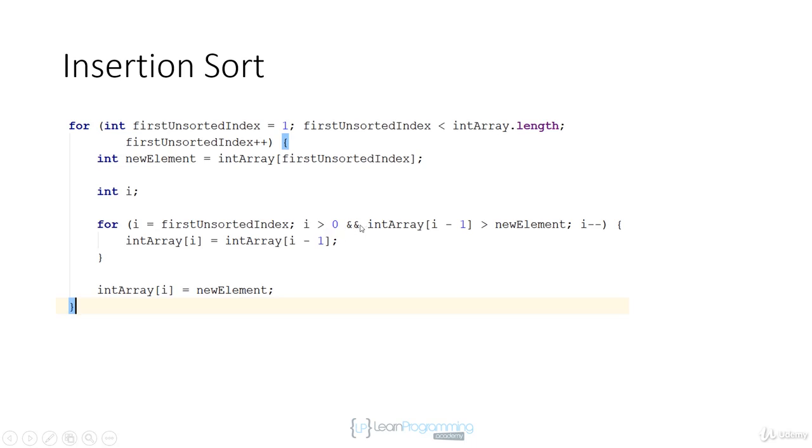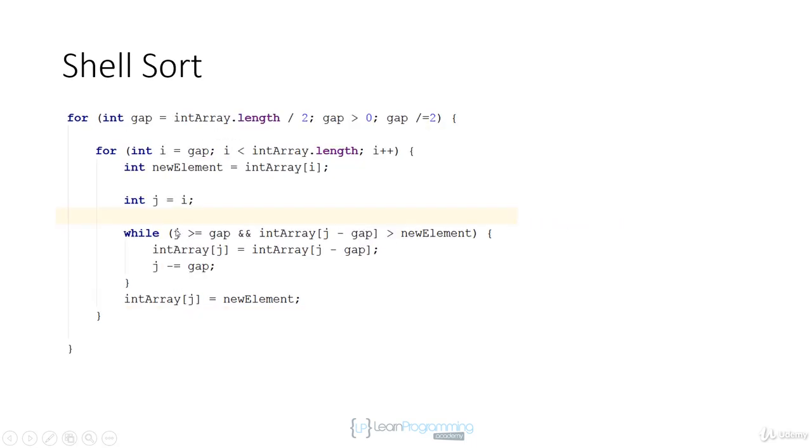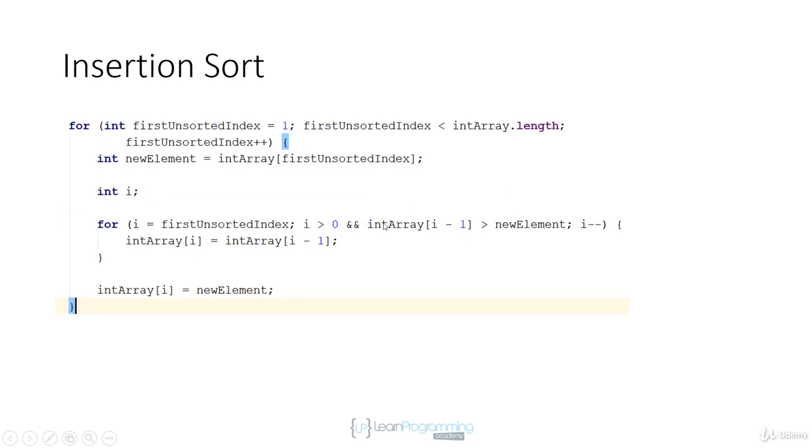As long as we haven't hit the front, and this is saying as long as we haven't hit the front, and as long as the element we're looking at for shell sort, it's not really the sorted partition, but the element we're looking at that's gap positions away is greater than new element. And back in insertion sort, as long as the element we're looking at is greater than new element, we want to do the shifting.